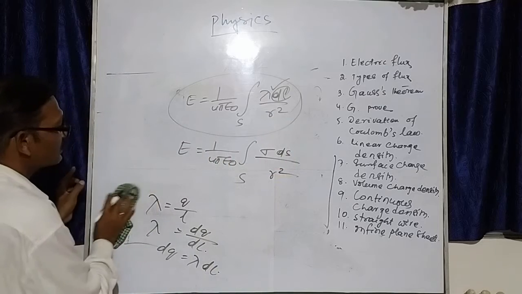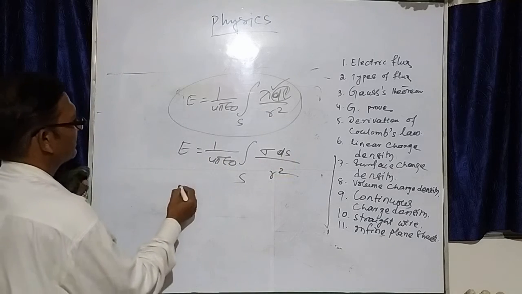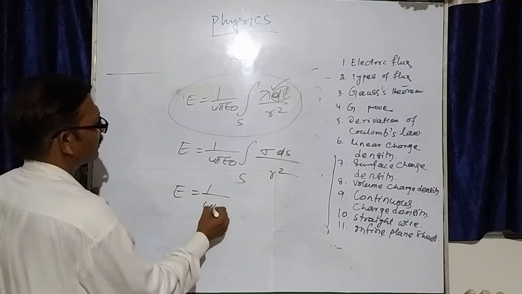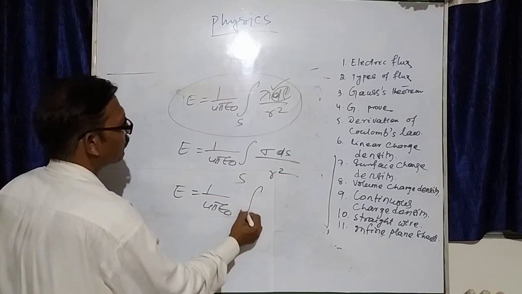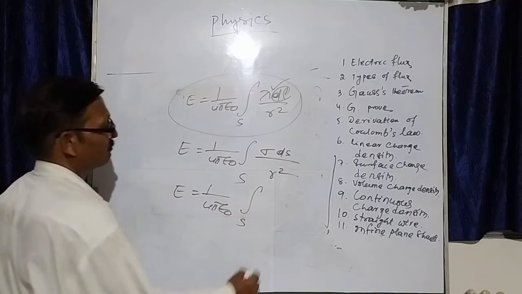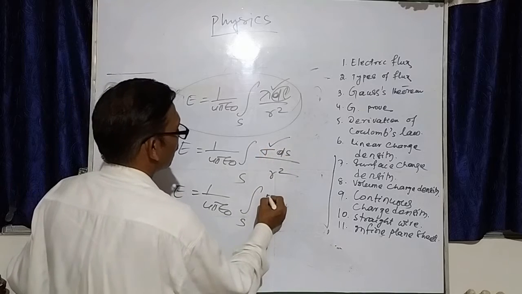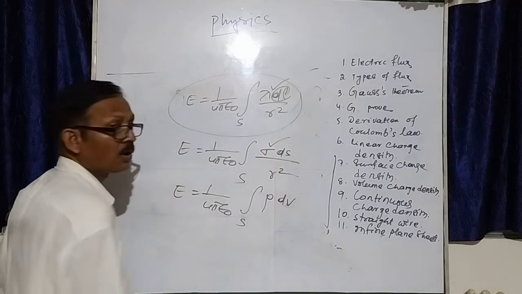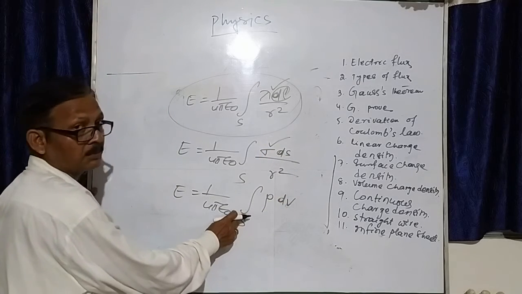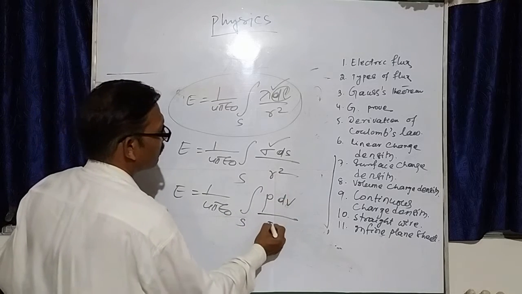If you take volume charge density, E is equal to 1 by 4 pi epsilon 0 integration of rho dV, small volume, divided by r square.